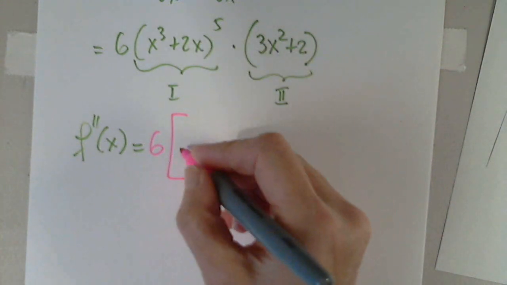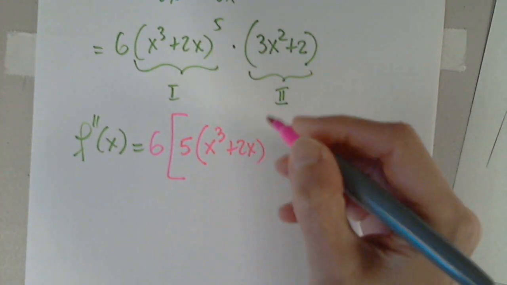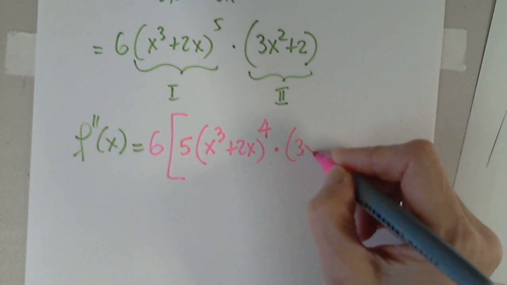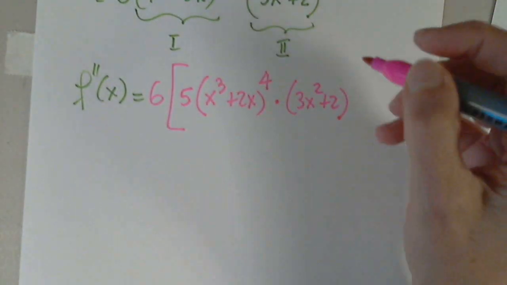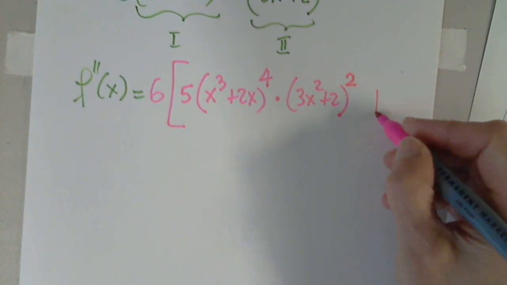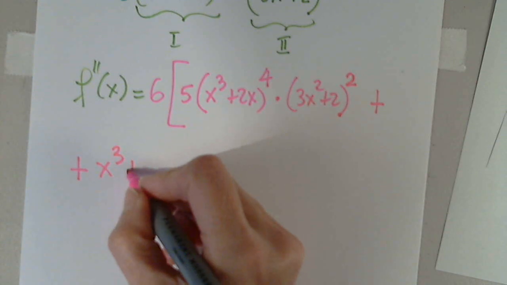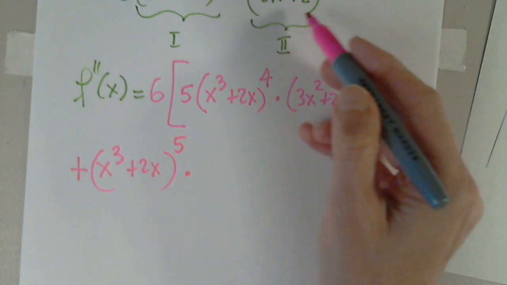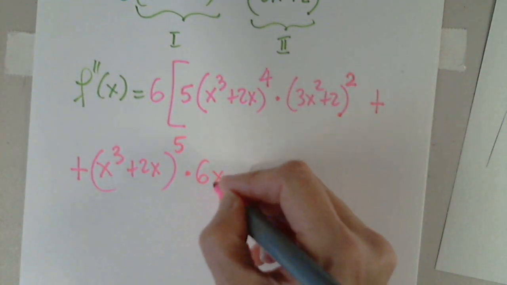The first function prime: 5, x cubed plus 2x to the fourth power, times the inner function prime, which is 3x squared plus 2, times the second function, I just want to put square because they are the same, plus I copy the first function, which is x cubed plus 2x to the fifth, and I multiply by the second function prime, which is 3x.